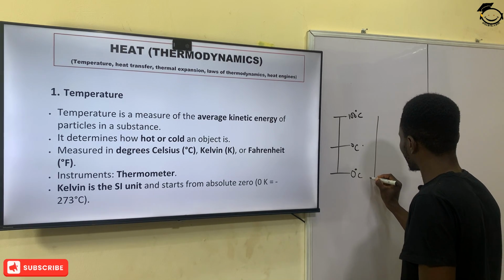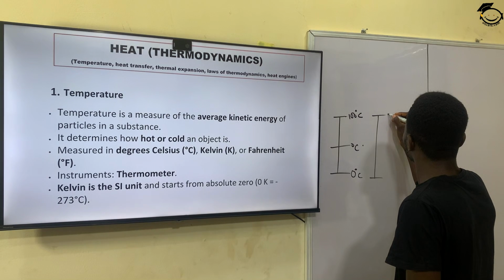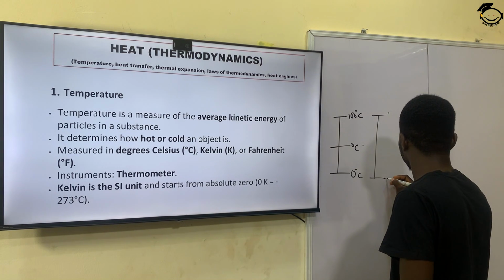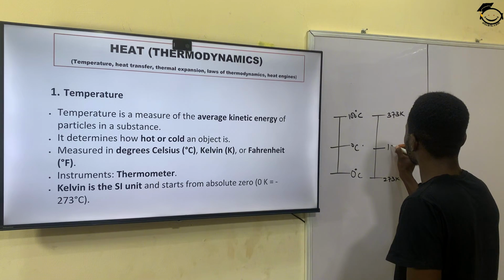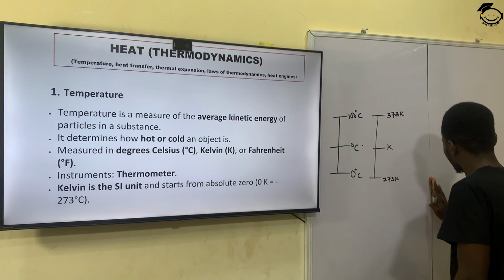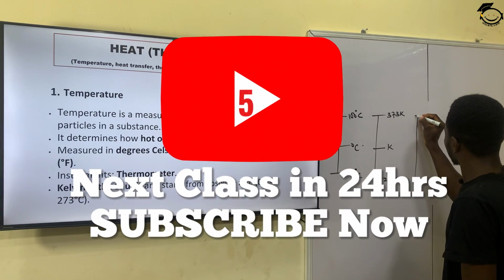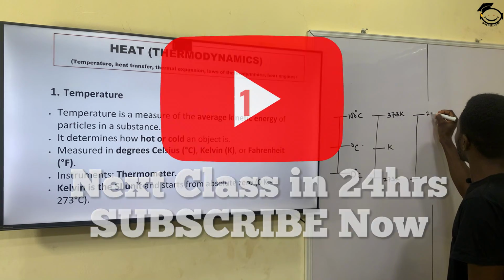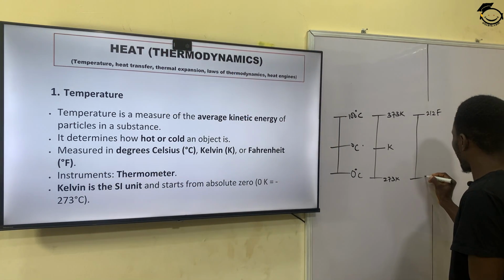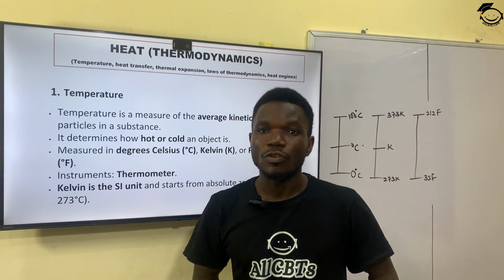At that same conversion rate, on the Kelvin scale, here we have 273 Kelvin, here we have 373 Kelvin. Then we have the Fahrenheit scale, where you have 212 Fahrenheit, and here you have 32 Fahrenheit. So all of these are the different scales of temperature.